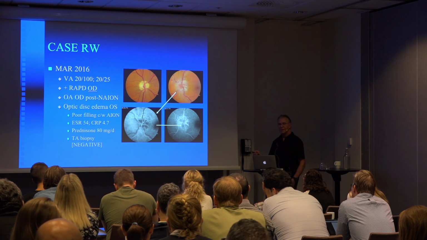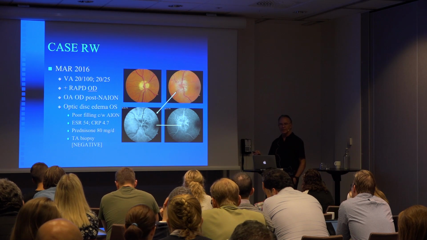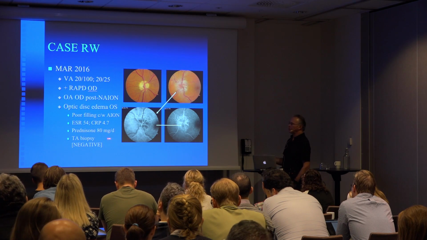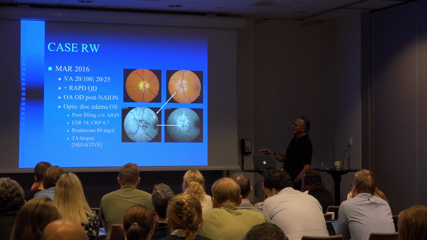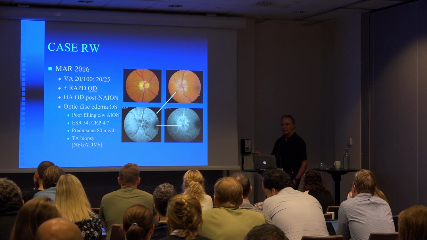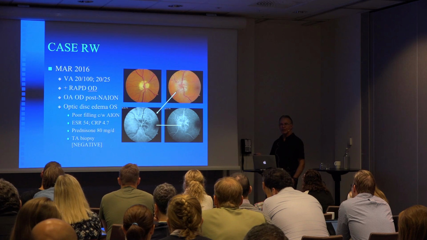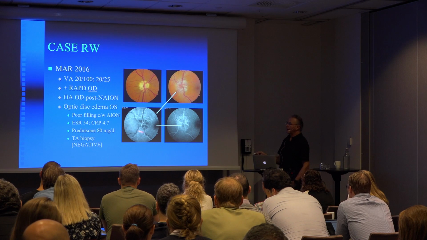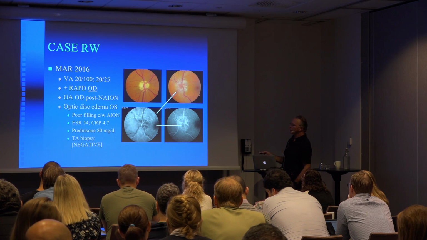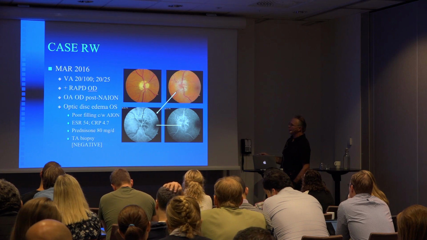There was some question about maybe he was a young guy who had giant cell arteritis, and so he eventually went on to the temporal artery biopsy that was negative. But interestingly, his fluorescein angiography looked like it might be this ischemic optic neuropathy that I told you about yesterday, because he'd had it in the other eye before. It filled really poorly, and then it leaked late, which is what ischemic optic neuropathy looks like.